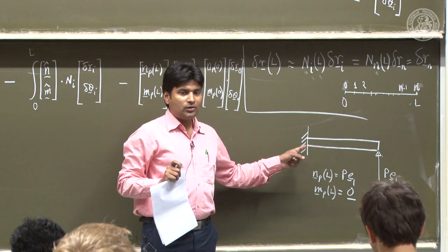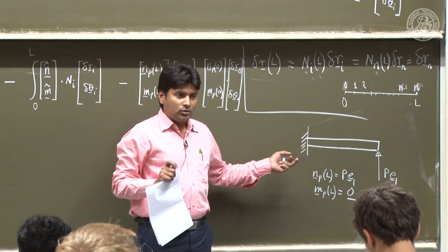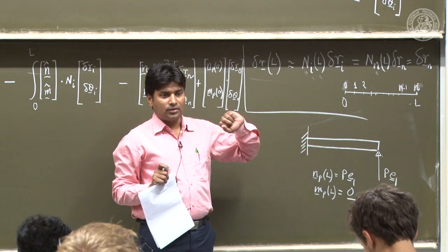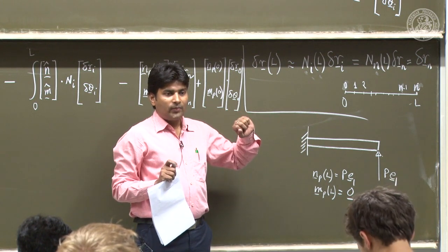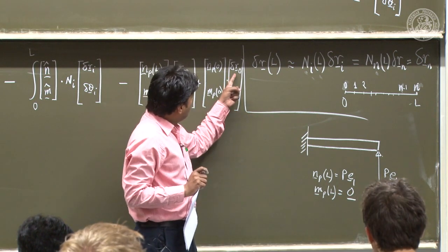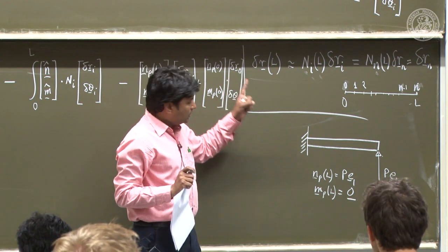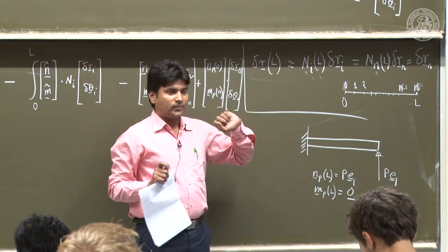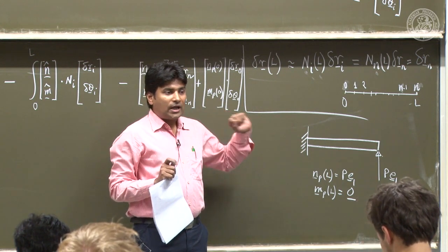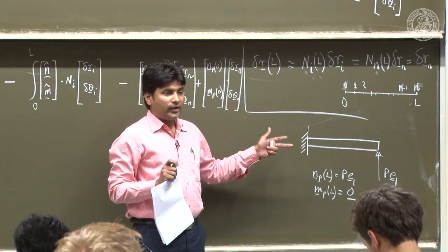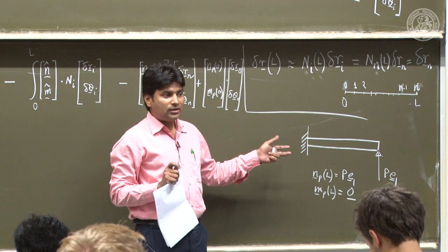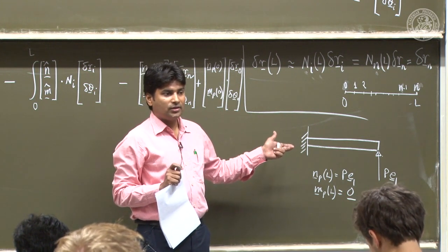NP at 0, it is not known to you. You will get it by solving the equilibrium equation. But del little r of 0, the variation at s equal to 0, that is going to vanish, because the variations have to satisfy the kinematic boundary condition, isn't it?